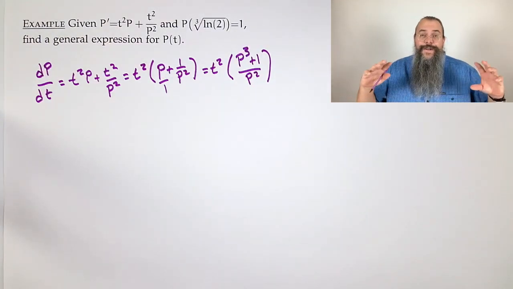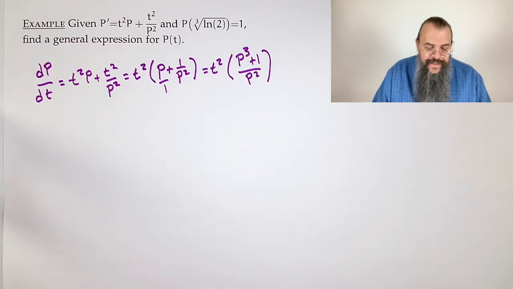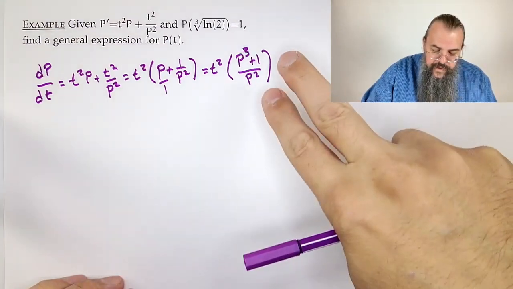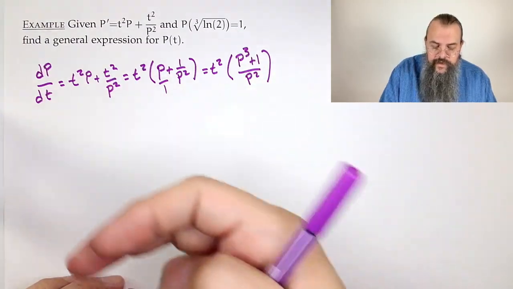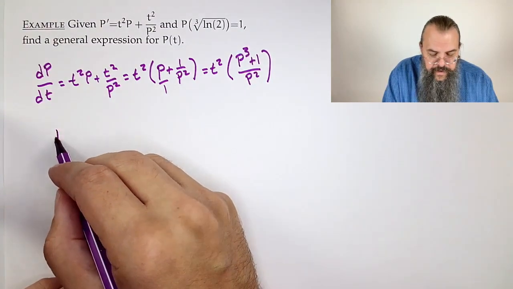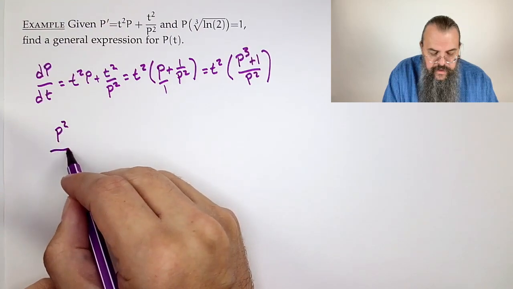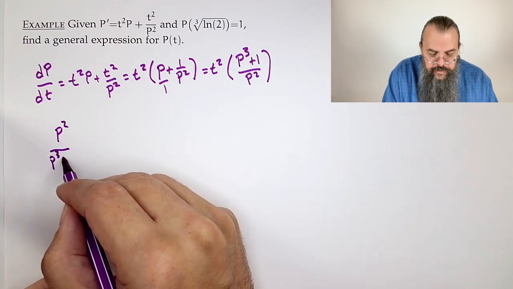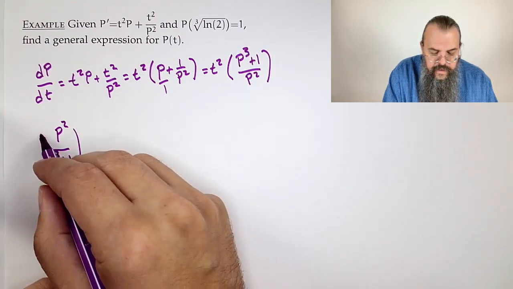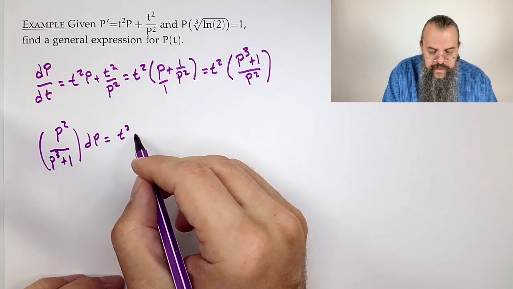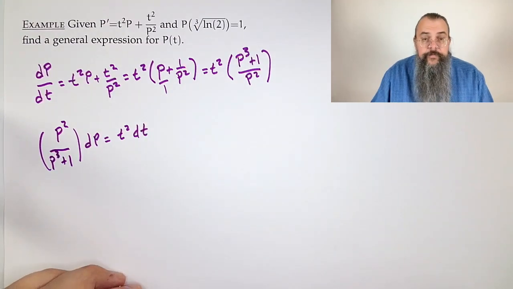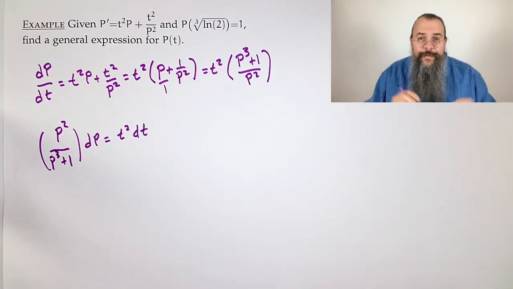All right, now we do our separation. So we're going to take this term, bring it across, and flip it over as it comes across, so that we have p squared over p cubed plus 1 dp is equal to t squared dt. All right, so we've separated.